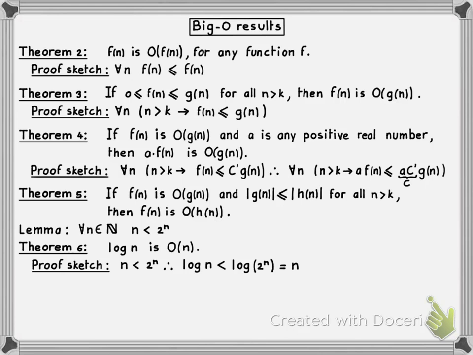So we can take the logarithm base 2 of the left side of the inequality and the logarithm base 2 of the right side of the inequality. Because the logarithm is an increasing function, if the two inputs are in this relationship, then when you apply the logarithm to the left side, the result is still less than the logarithm on the right side.